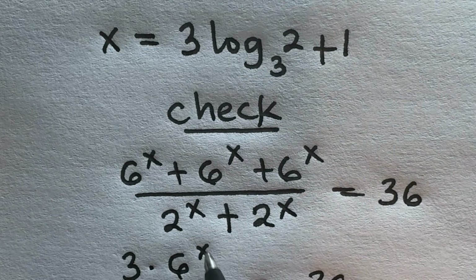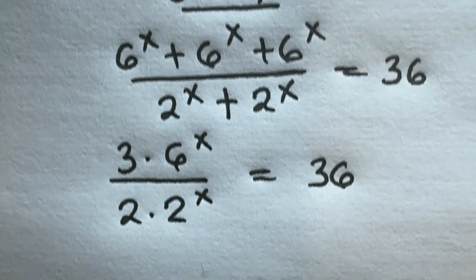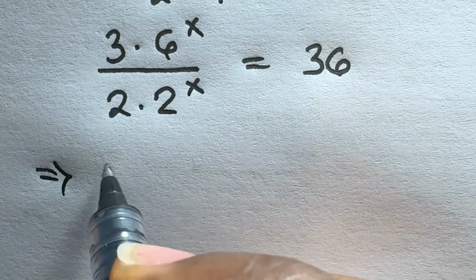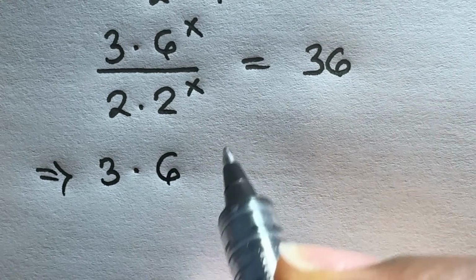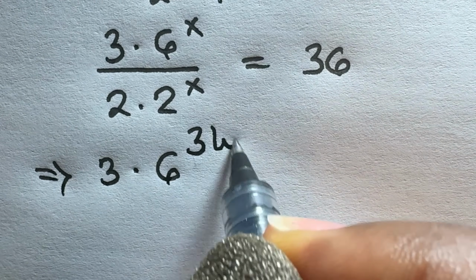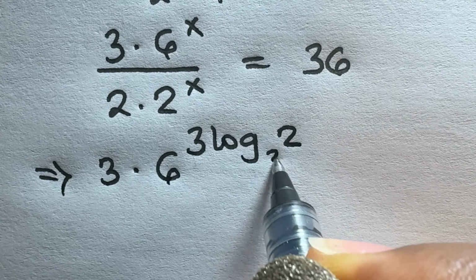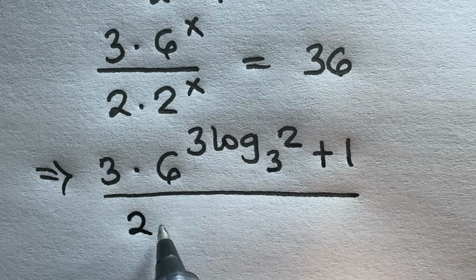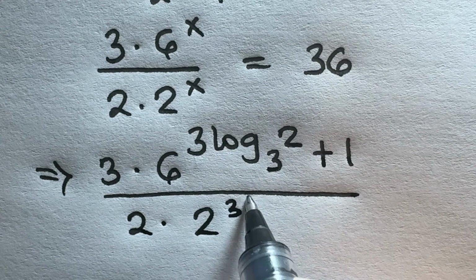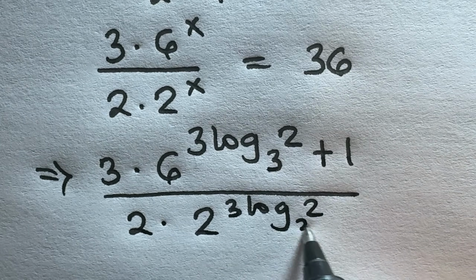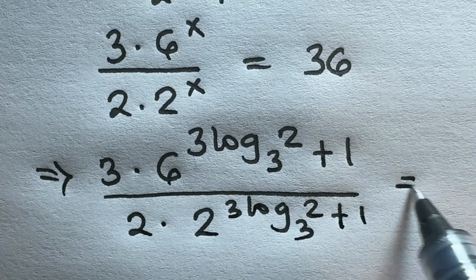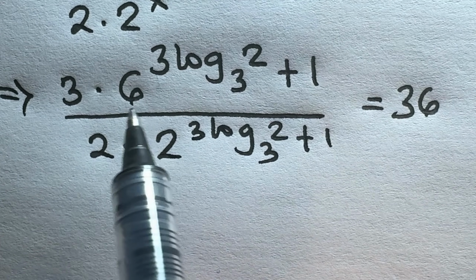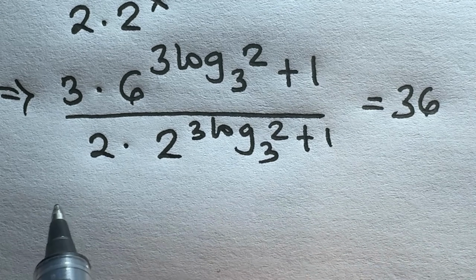So we substitute 3 log 2 base 3 plus 1 in place of x. This would then imply 3 times 6 raised to power 3 log 2 base 3 plus 1, divided by 2 times 2 raised to power 3 log 2 base 3 plus 1, to give us 36. 6 here is 2 times 3, so I'll change that to 2 times 3.